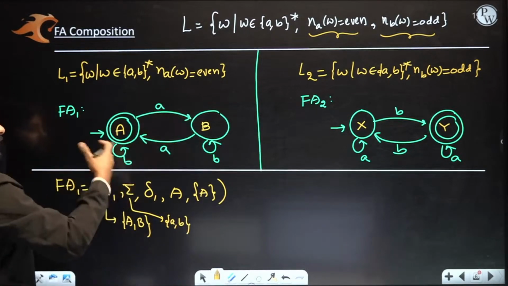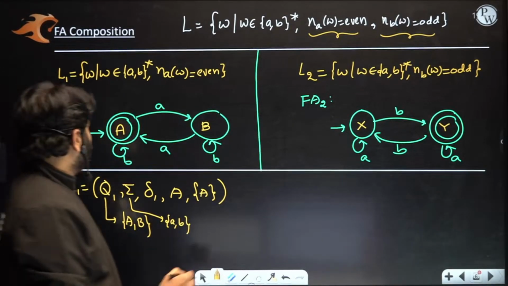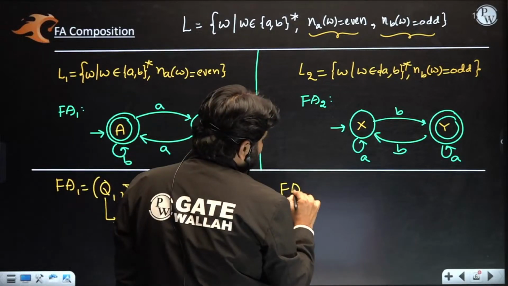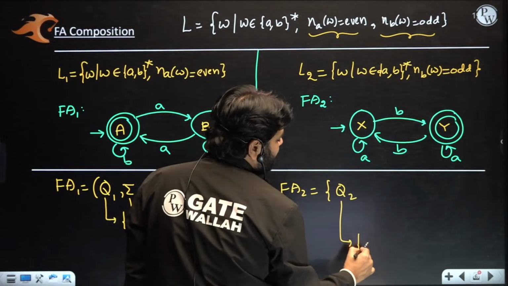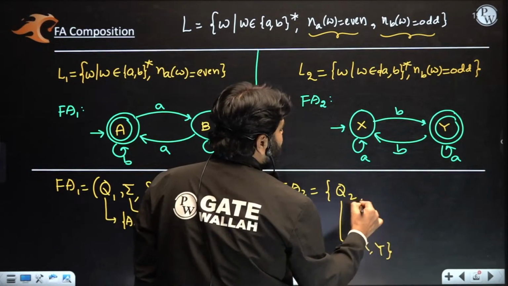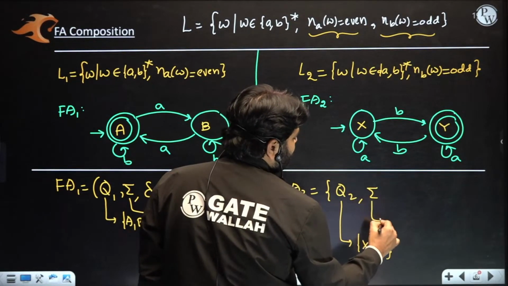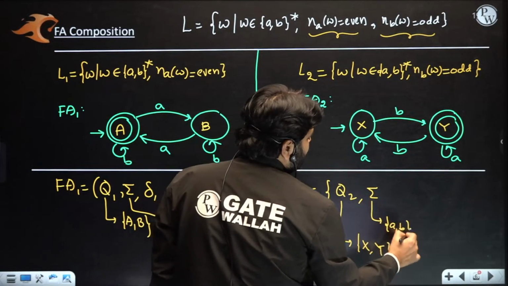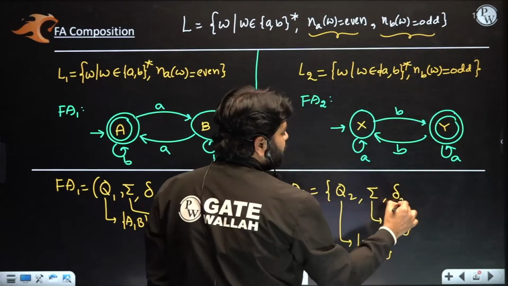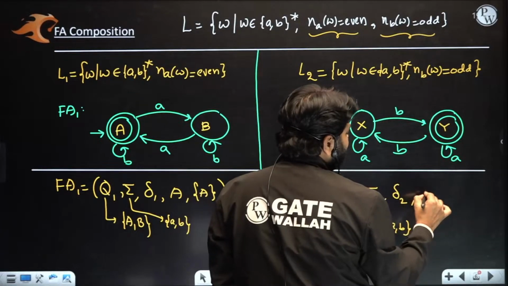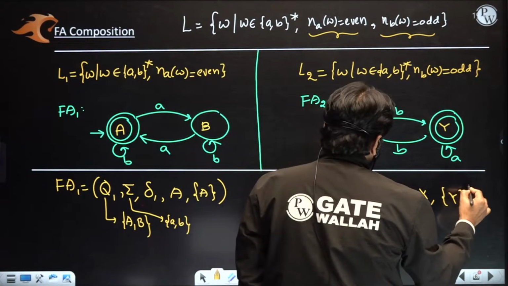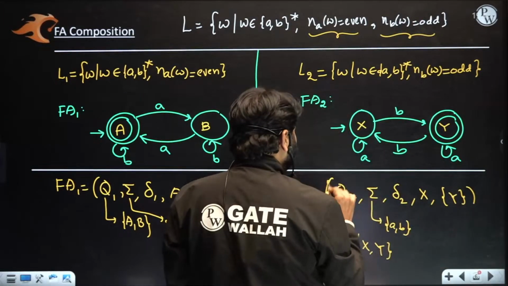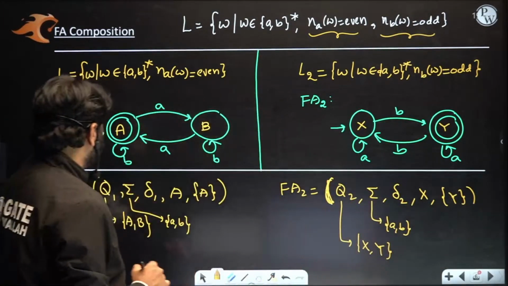Delta is already defined here, and similarly FA2, let's say Q2 is here X comma Y and sigma is the same, that is a comma b. Of course transitions are different from FA1, the initial state is X, and the final state is here Y. Okay, I hope you have clarity on what finite automata 2 is.